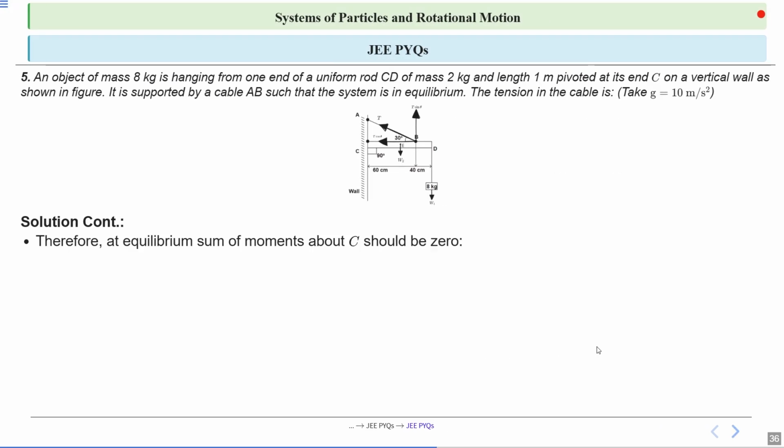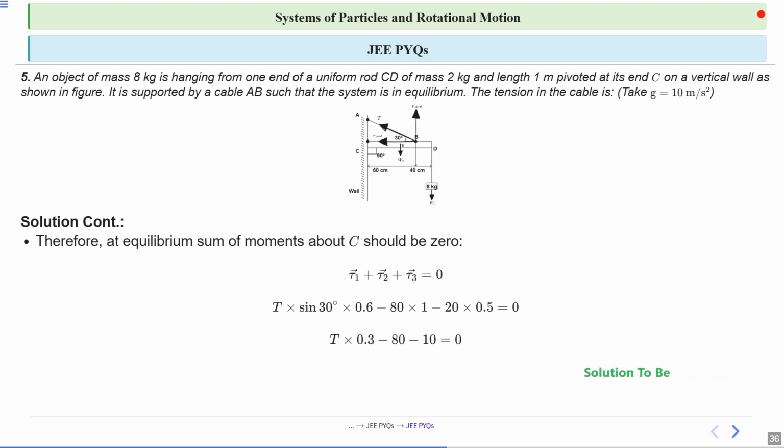Now therefore at equilibrium the sum of moments about C should be 0. So tau 1 plus tau 2 plus tau 3 equal to 0. Just put the values: T into sine 30 degree into 0.6 minus 80 into 1 minus 20 into 0.5 equal to 0. So it will be T into 0.3 minus 80 minus 10 equal to 0.